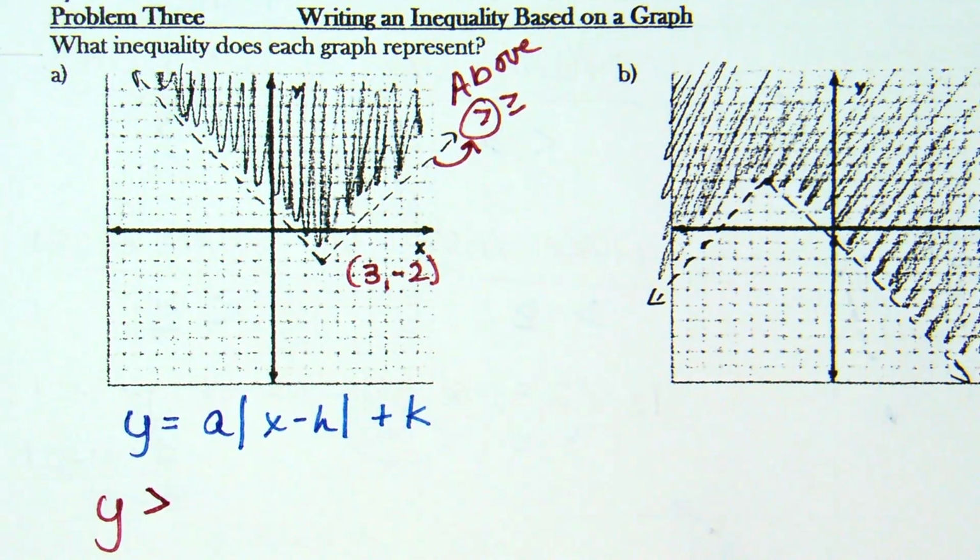Okay, guys, it was greater than. Vertex was 3, negative 2, which those values go in for h and k. Or if you prefer, some of you may have just thought, oh, it goes right 3, down 2.